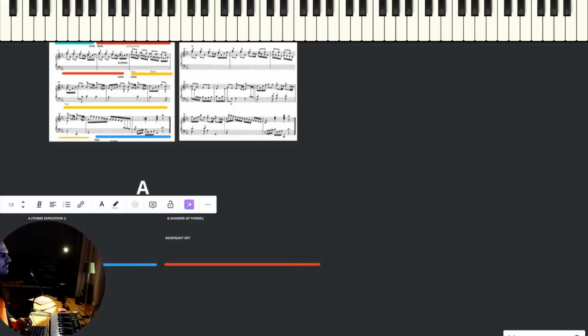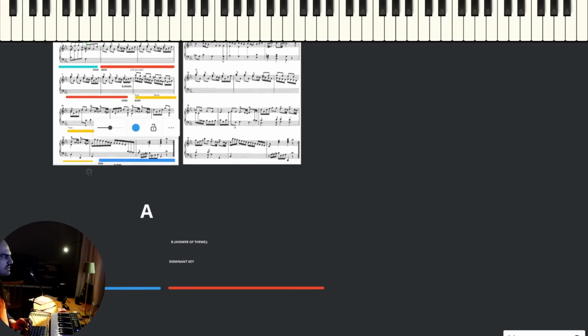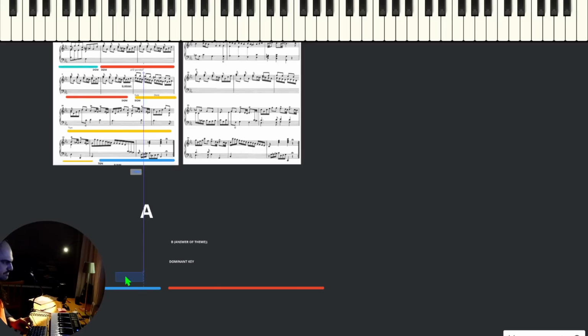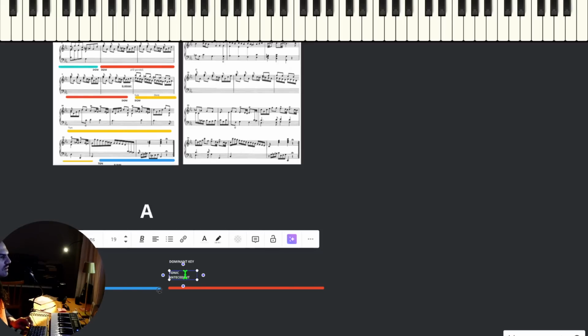But what I want is to call this the antecedent because of the harmonic structure, and it's a more specific level. So, and dominant, consequent.